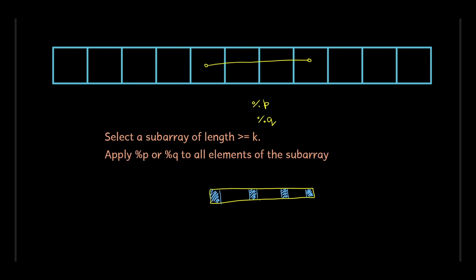Now if these two elements are at a distance that is greater than k, and you have selected both of these elements in a subarray of length greater than k, and all of these elements had root 1 as their minima choice, so they will want modulo p first.